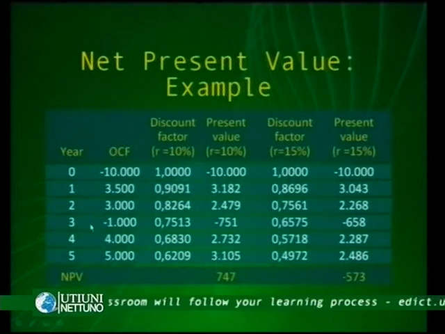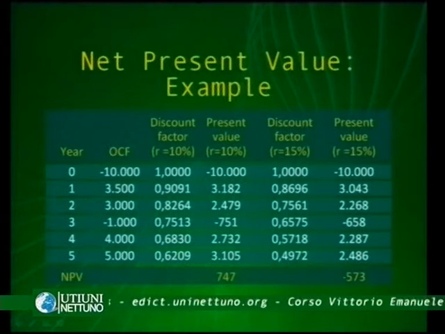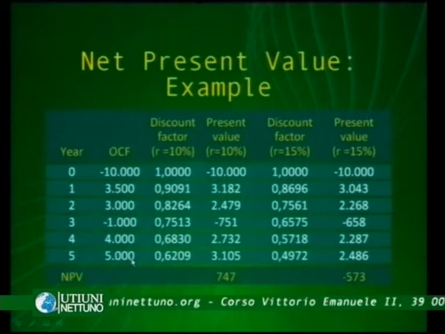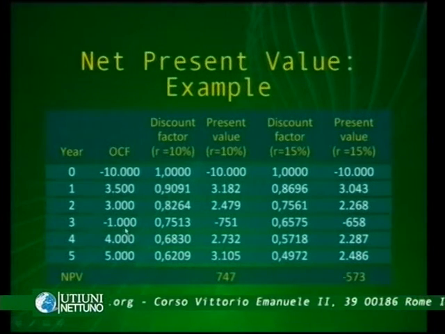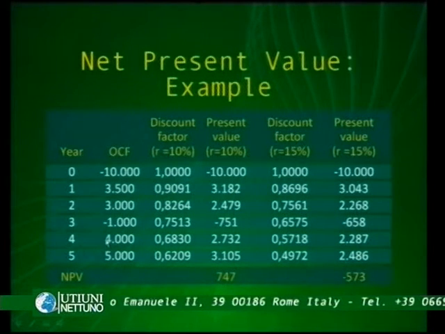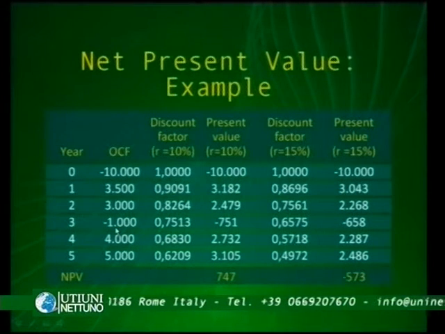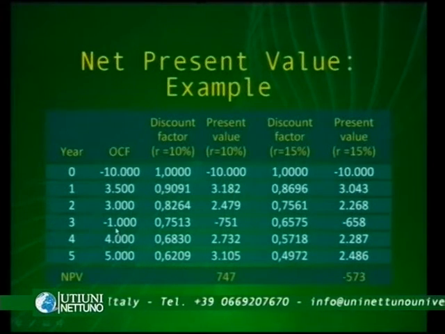Then we have a positive cash flow at time 1 of 3,500, a positive cash flow of 3,000 at year 2, a negative cash flow of minus 1,000 in year 3, and finally a positive cash flow of 4,000 at year 4, and a positive cash flow of 5,000 at year 5.